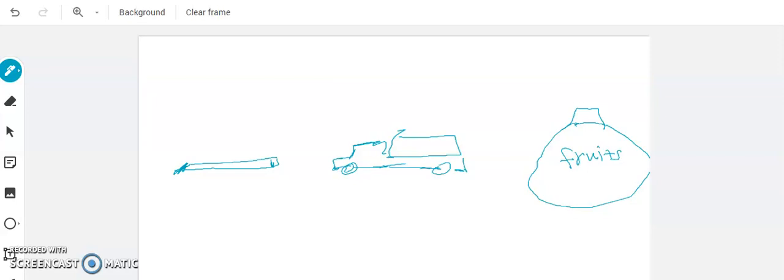What is the suitable unit for measuring these masses? The pen here is a small object. We have a small mass here, so we'll use the gram. Truck here is a very large mass, so it is better to use the ton. The fruits are a large mass, so we use the kilogram.